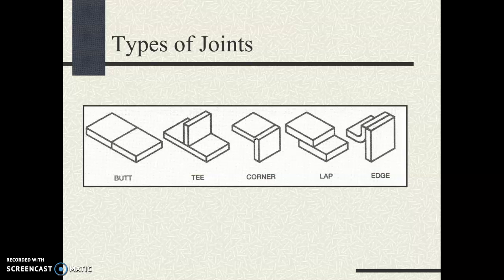Or their ends could meet at a 90-degree corner to make a corner joint. Or perhaps one piece overlaps the other to create a lap joint. Or the two edges, rather than being butted against each other, are side by side, and we have an edge joint. So these are 5 different ways that metal plates can be joined together.